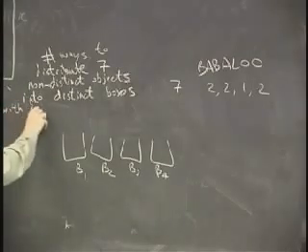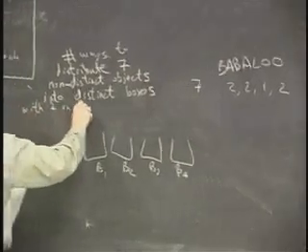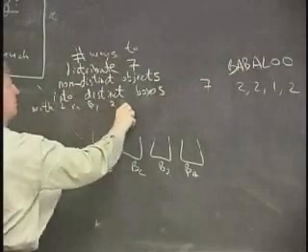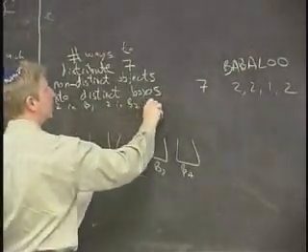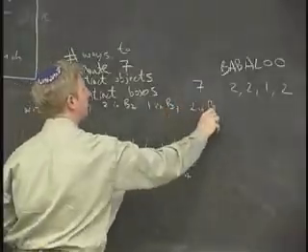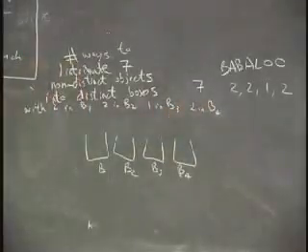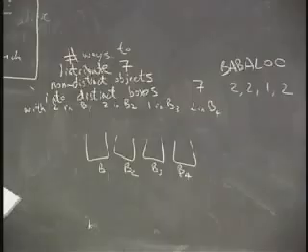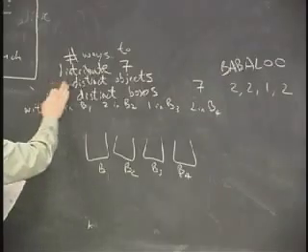With 2 in B1, 2 in B2, 1 in B3, 2 in B4. I wonder if I mean this. I mean distinct, huh? In other words, there's just one way to do it. Yeah, I agree. I mean distinct. Good.